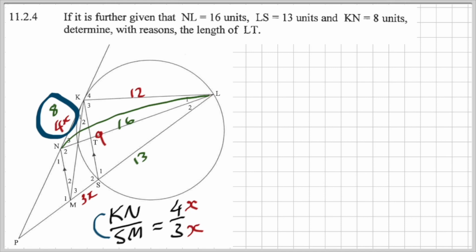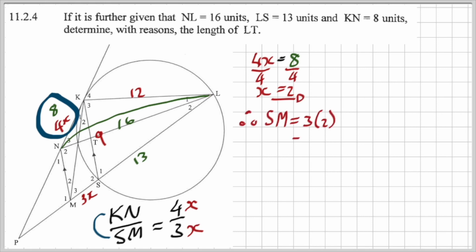There is some overlapping that occurs, which means I can get x to be 2 by dividing on both sides. Why is that important? Because that means that SM, which is 3x, is 6. Why do I want to use this? Think about it.